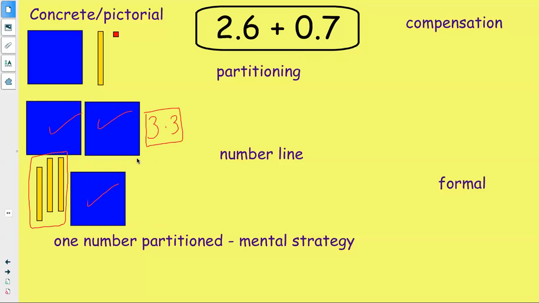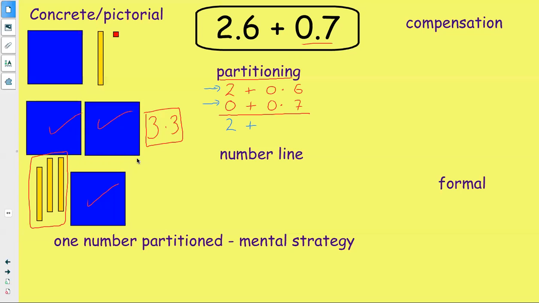Okay, I'm going to do some other methods as well. I'm going to look at partitioning next. So I'm going to split up 2.6 into 2 and 0.6. I'm going to split up 0.7 into no units, 7/10, so 0.7, and then I'm going to add. First of all, I'm going to look at the wholes, the 2 and the 0 added together, which is obviously 2.